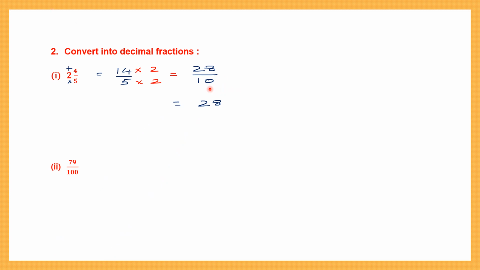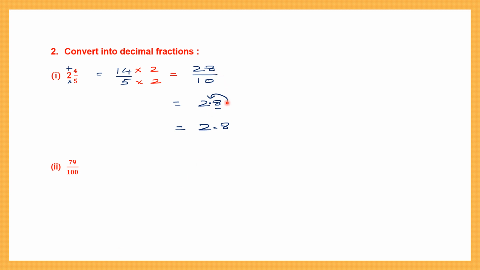There is only one zero, isn't it? That means we have to move from the right one place to the left. Because there's one zero, move one place to the left like this and put your point here. So now what's your answer? 2.8.